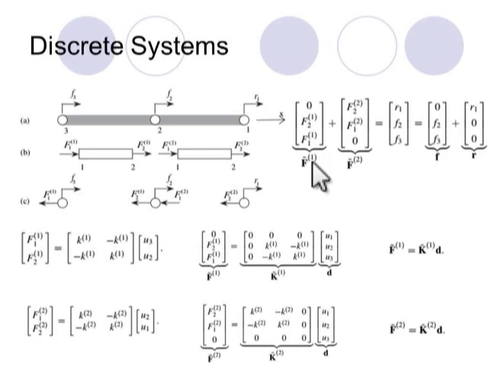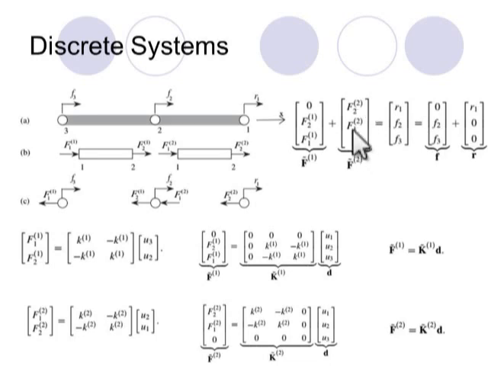You see this, it has superscript in parentheses 1. Now let me write the forces acting on element 2. Again, it is F2 and F1.